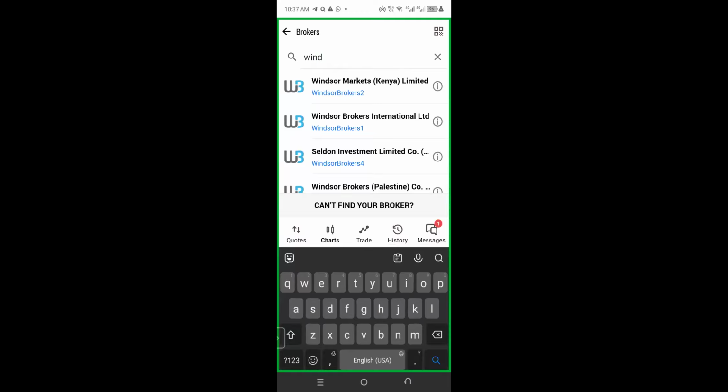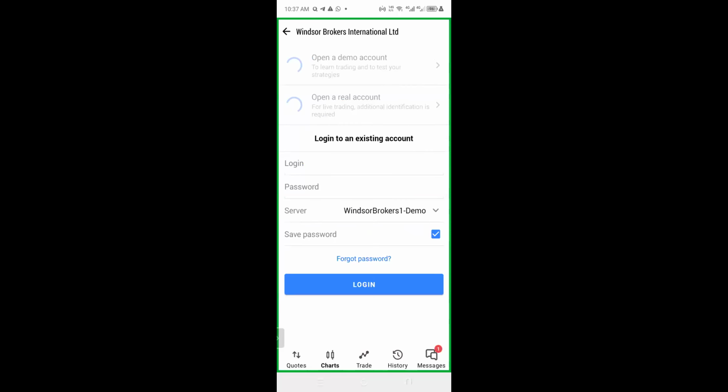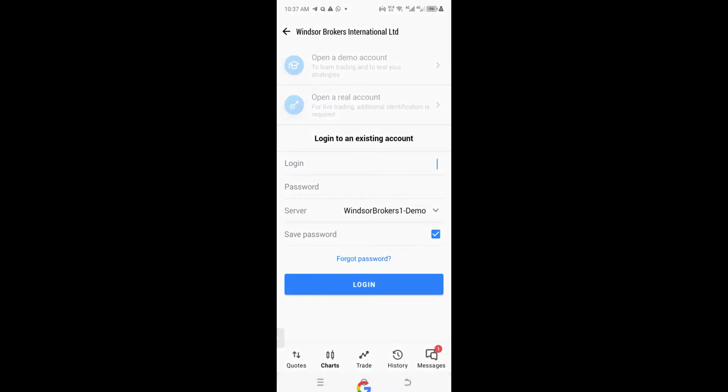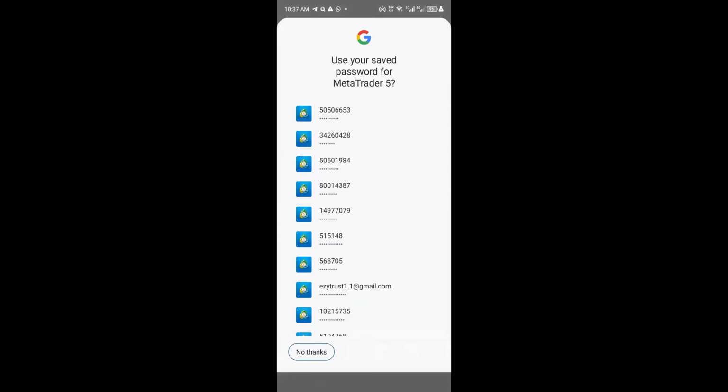Those extensions are very important. What is closely related here is Windsor Broker 1, there's a Broker 2, there's a Broker 4. But what I have in my credentials is Broker 1, so I select Broker 1. If I select Broker 2, it's not going to work for me. You will just see not connecting, not connecting, and be wondering why.